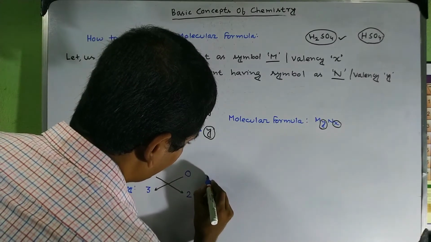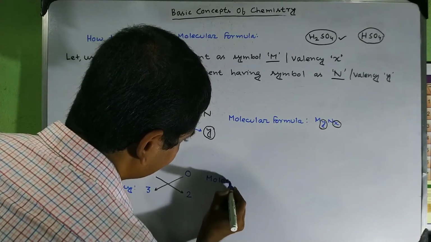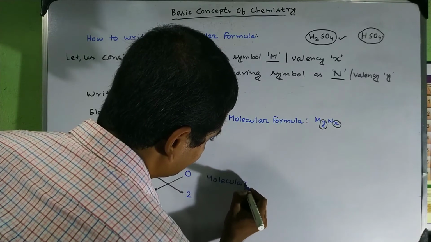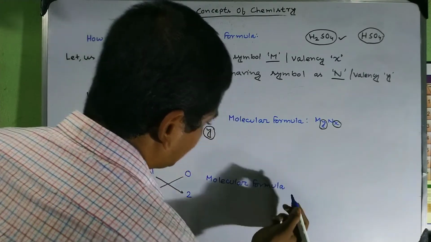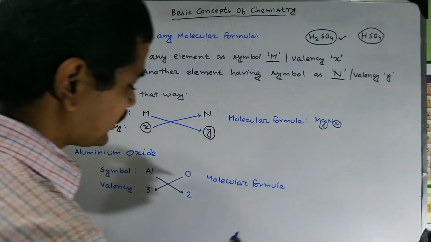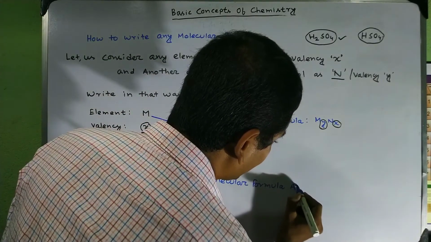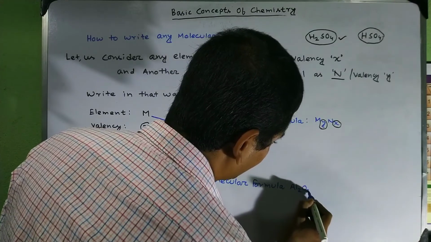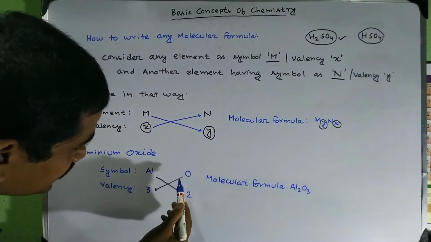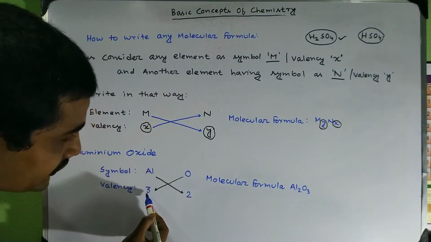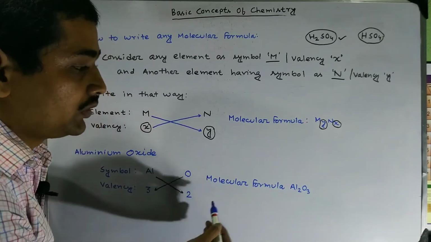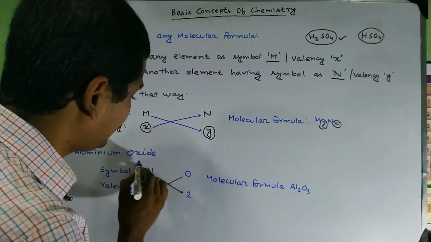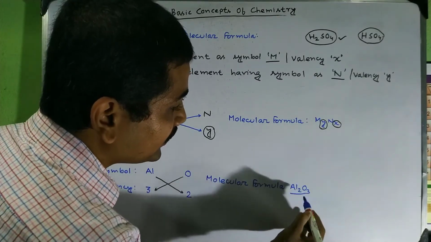The molecular formula of aluminium oxide becomes Al2O3. This oxygen goes with 3 and this Al goes with 2. That's why the molecular formula of aluminium oxide is Al2O3.